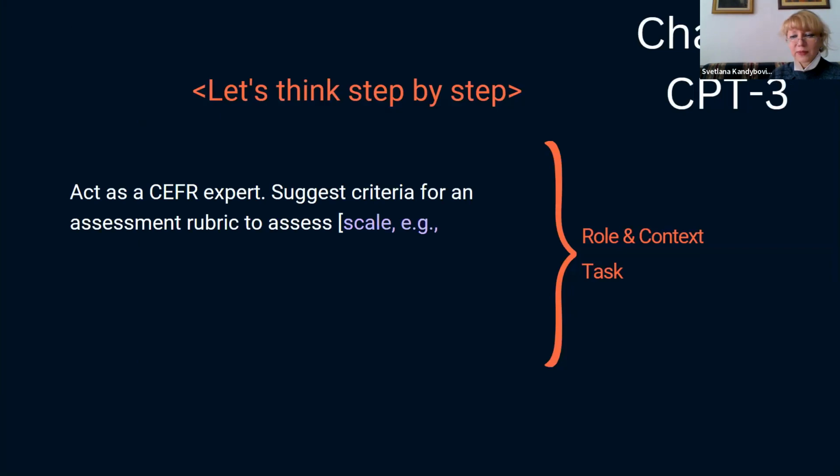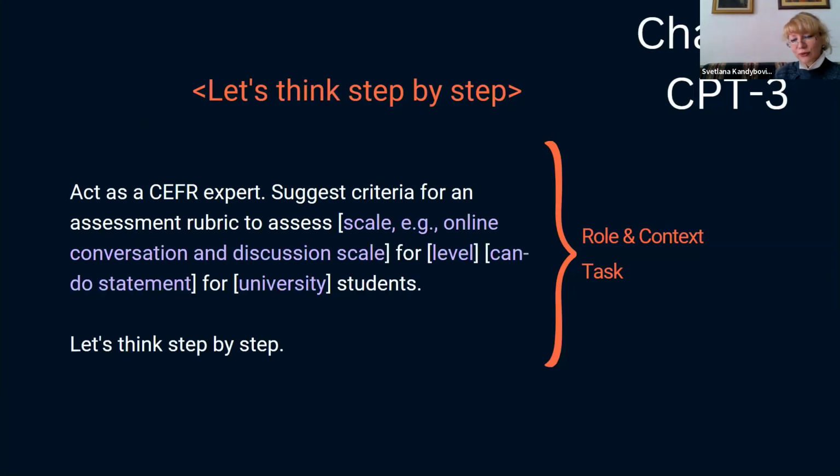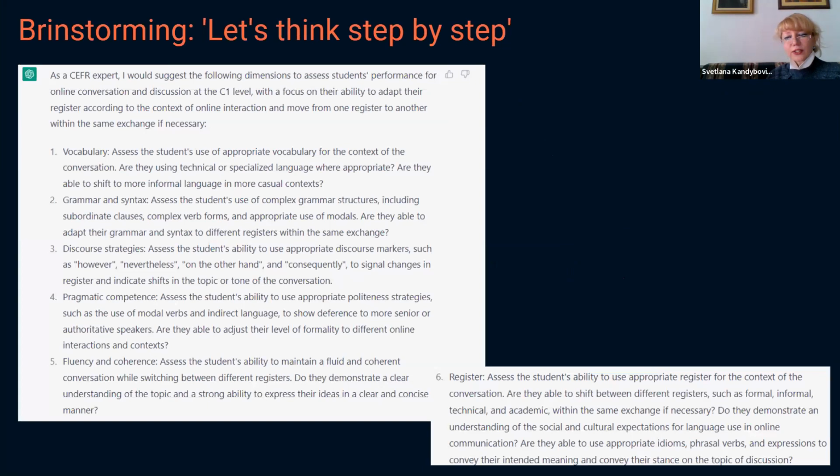And here's one brainstorming strategy that I would like to show to you today to get ChatGPT to explain why this or that dimension or criterion is considered. And usually this tip helps dive deeper into the data that ChatGPT has. So when you feed in the prompt, you can add one snippet. Let's think step by step. So if you ask ChatGPT to think step by step, ChatGPT will provide both the criteria and questions underlying these criteria.